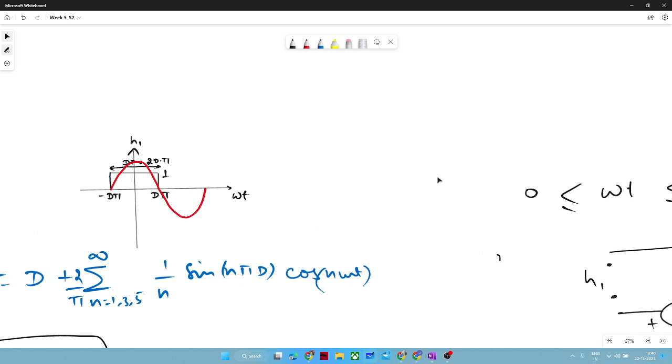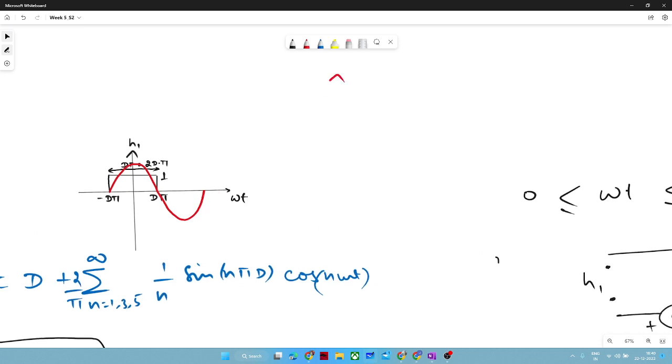Now, what people do, they take this kind of switches in terms of odd, and you will get a Fourier series of this kind of pulse in sinusoidal.